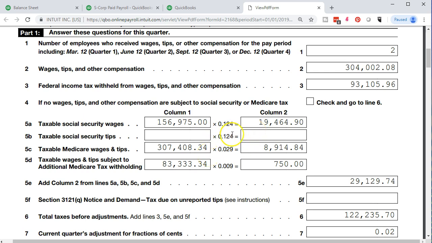Same with the Medicare. So these two items include the employer taxes, but when we reconcile it to, say, a W-2 or to the payroll items, paycheck detailed reports, the financial statements, we've got to recognize that this includes both the employer and employee portion.